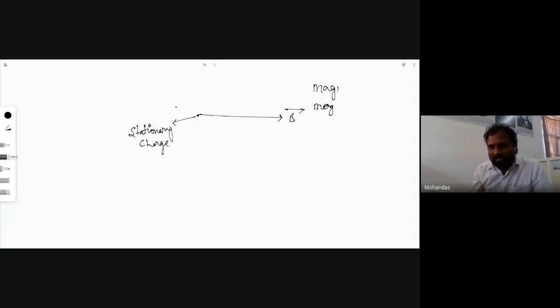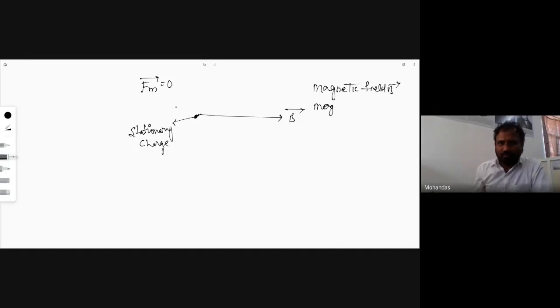Place the charge here, magnetic field B. Can you expect a force? If the charge is at rest, placed in a magnetic field, can you expect a force here? No, the force will be zero. The magnetic force will be zero.